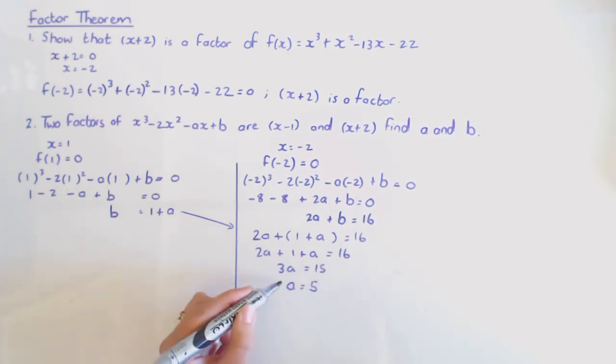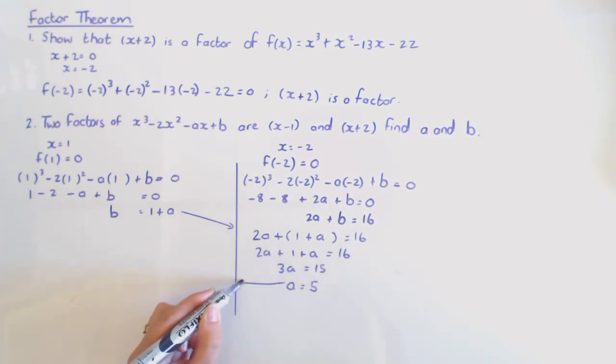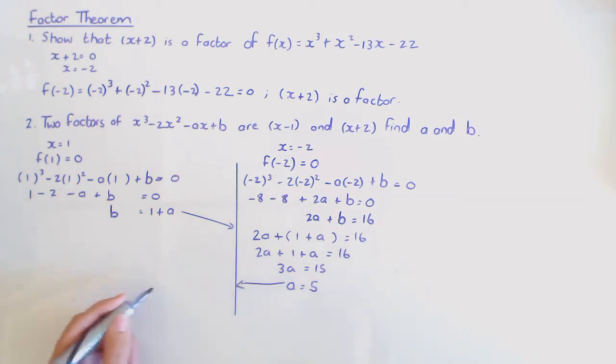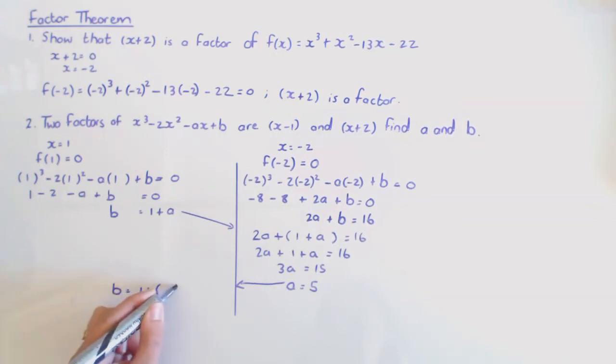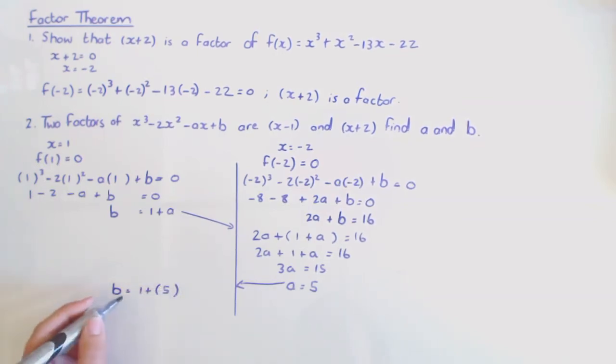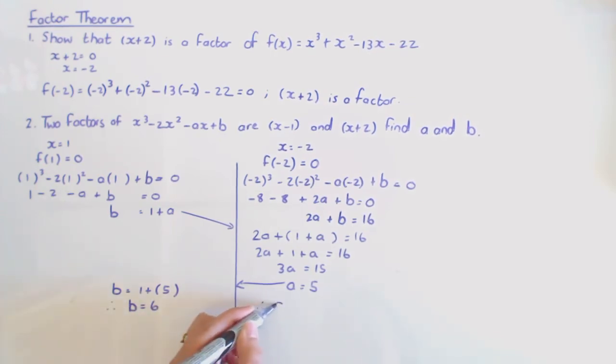And then when I get a value here, I'm just going to substitute that back into this equation. So b equals 1 plus a, and a is now 5, which means b is 6 and a is 5. So there I have the values of a and b.